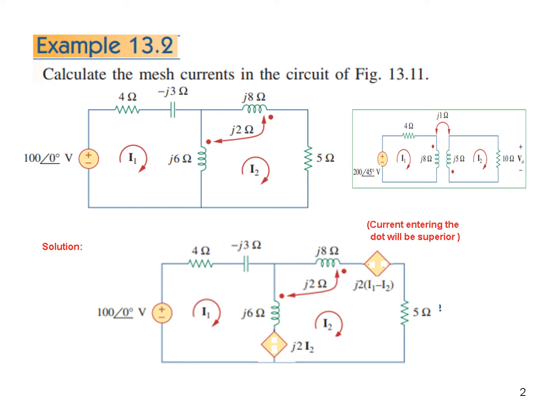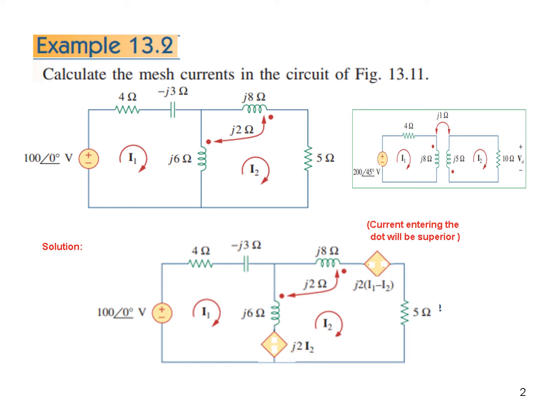Now this value will depend on the current flowing through this terminal. The current flowing through this terminal is I2. That will induce the voltage in this coil. So it will depend on I2, but we have to multiply it with the mutual inductance value 2. So it will be j2 I2.